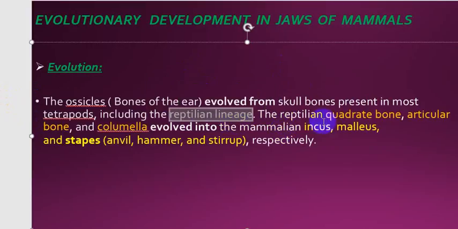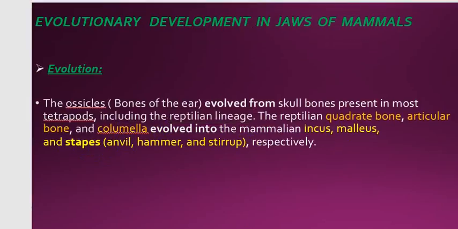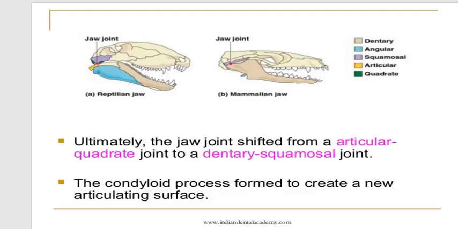The reptilian quadrate bone, articular bone, and columella evolved into the mammalian incus, malleus, and stapes, which are called anvil, hammer, and stirrup, respectively. And this is how the evolution of the jaws of the mammals takes place.